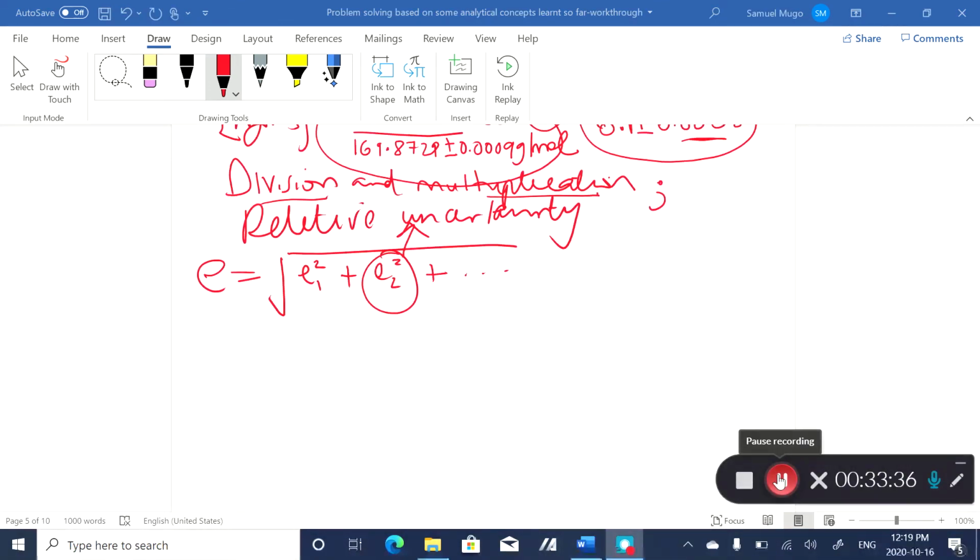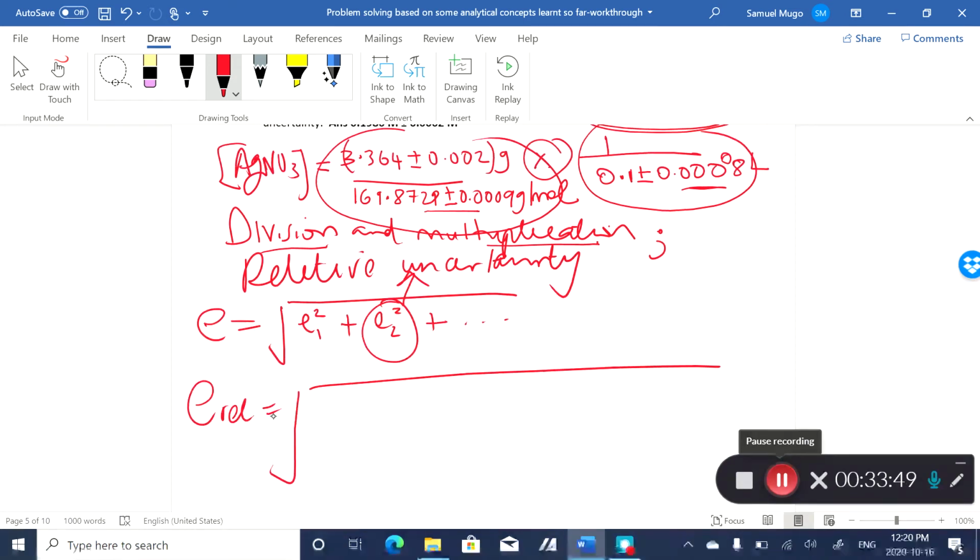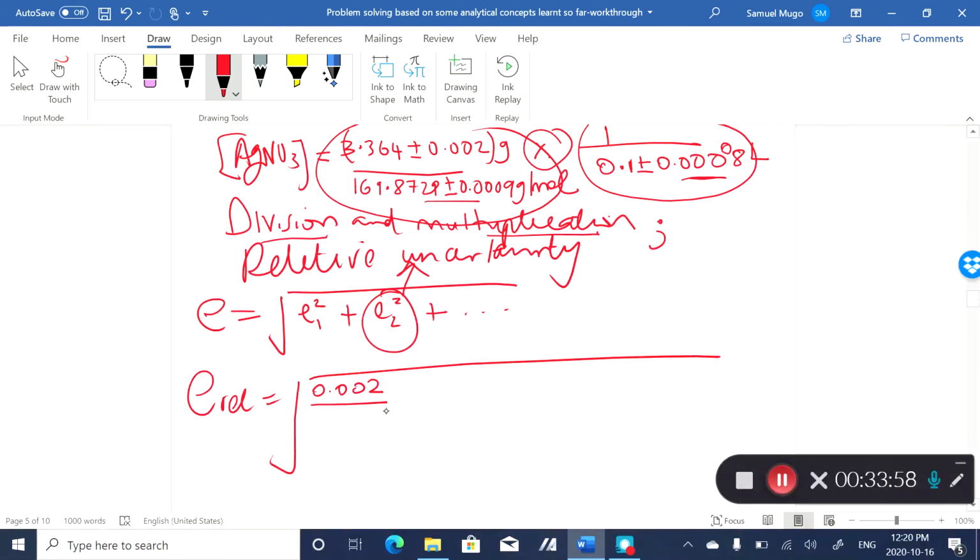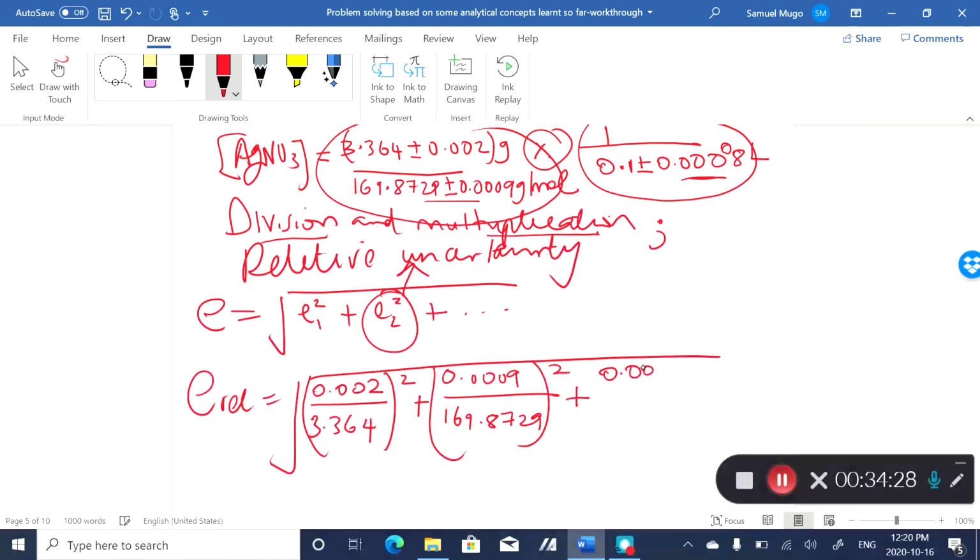And so we go ahead then and convert our errors into relative uncertainty, so the relative error that we put in our propagation equation is going to be equal to 0.002 divided by the number here, so that is the error divided by 3.364, and of course remember I'm squaring it, plus 0.0009 divided by 169.8729, again it's squared, plus, again, it's a division, so 0.00008 divided by 0.1.